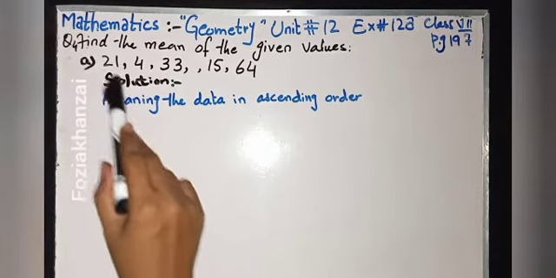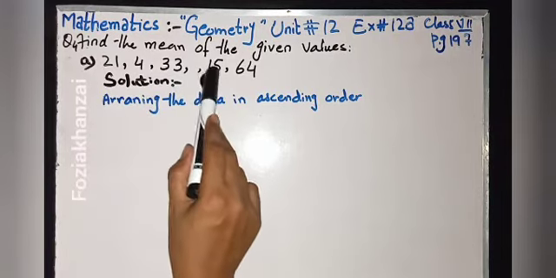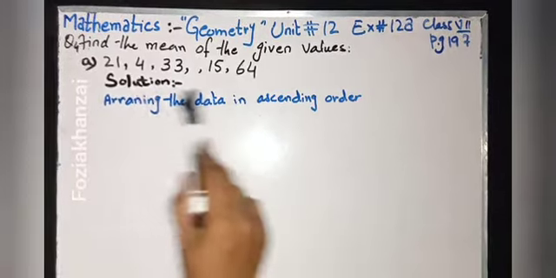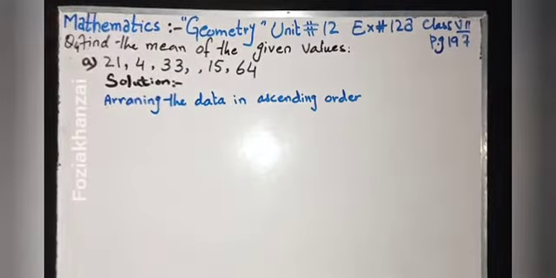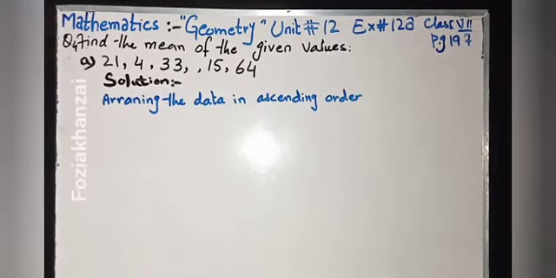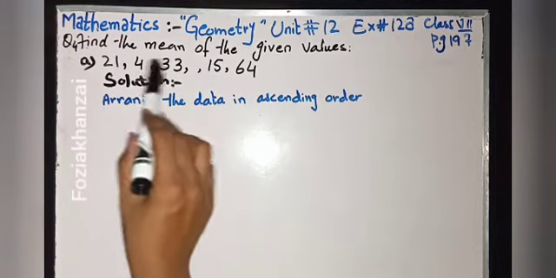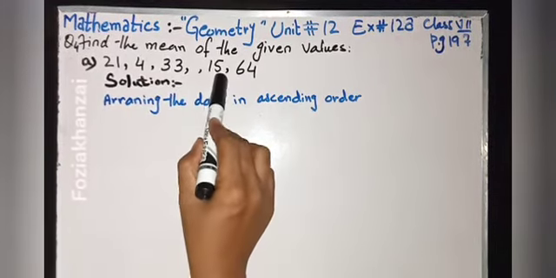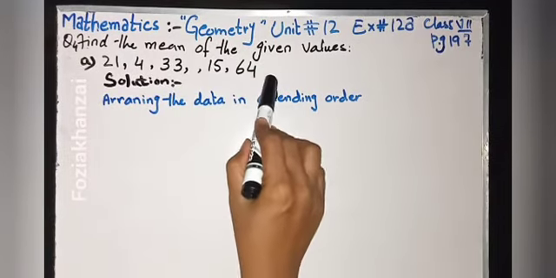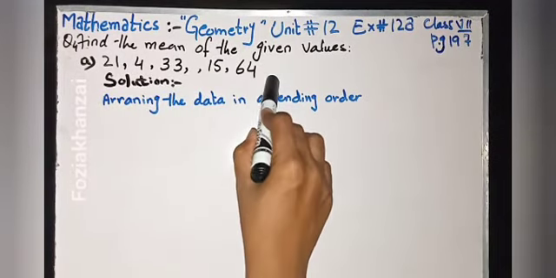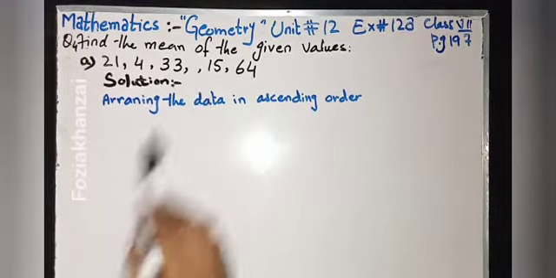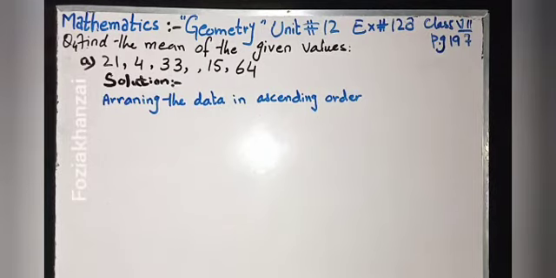Total number of data items: 1, 2, 3, 4, 5. So total number of items is 5. First we add them, 21 plus 4 plus 33 plus 15 plus 64, then divide by 5. After dividing by 5 we will get the average value of the data.